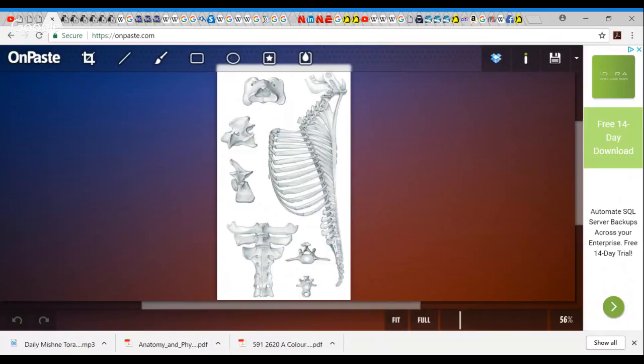The spine, as we said last time, is divided into five different sections composed of vertebrae along the entire length of the body of the animal.